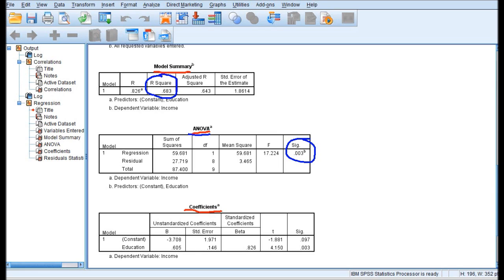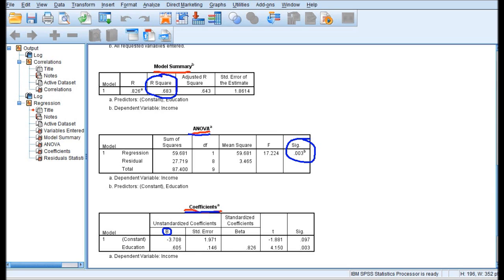And from this coefficient table, we are going to use this unstandardized coefficient B.